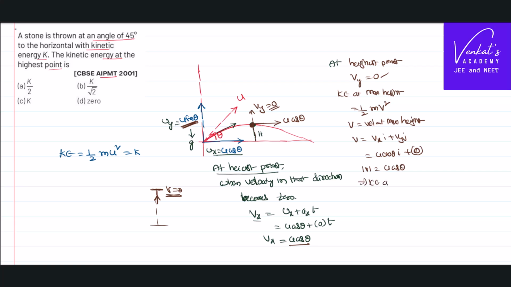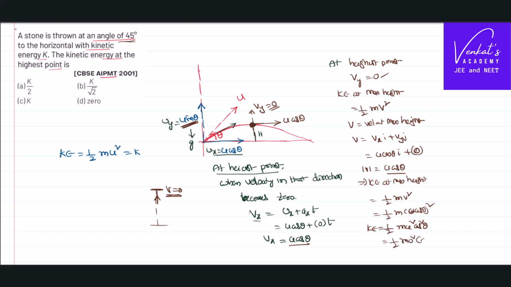That implies kinetic energy at maximum height is half m v square. But v we already know is u cos theta, whole square. That is half m u square cos square theta. But it is given that theta equals 45.